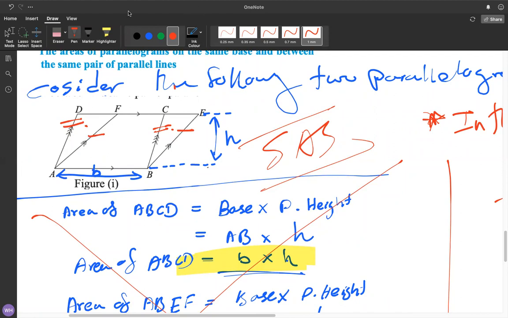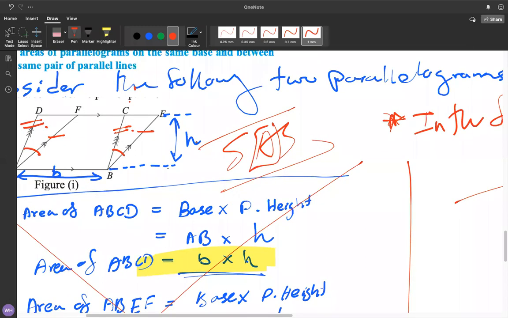Now the two sides are equal, and then to make them congruent, there should be an angle in between. These two angles are equal. Why? Because the angles DAF and CBE lie in between the same pair of parallel lines, right? Therefore, these two angles are also equal, so that we can show that the two triangles are congruent, right? Okay, so let's check what we can do by using this congruency.